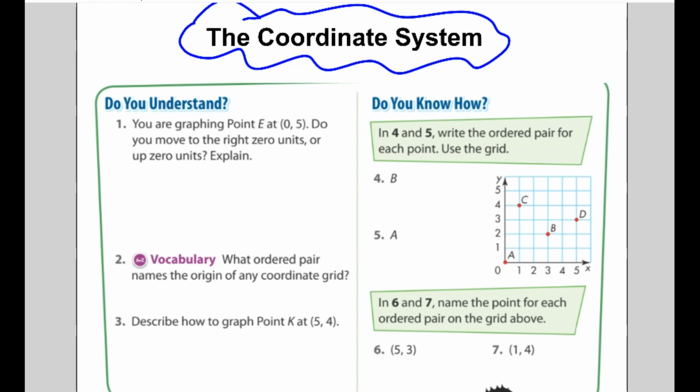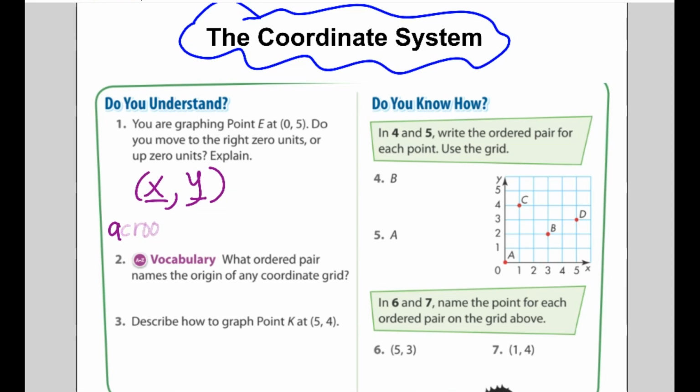So our textbook page that we're on has some questions for us. The first question is, you're graphing a point at E, which is at 0, 5. Do you move to the right 0 units or do you move up 0 units? Now, what I want us to understand and remind ourselves is that when you see that little symbol, the X and the Y go here.